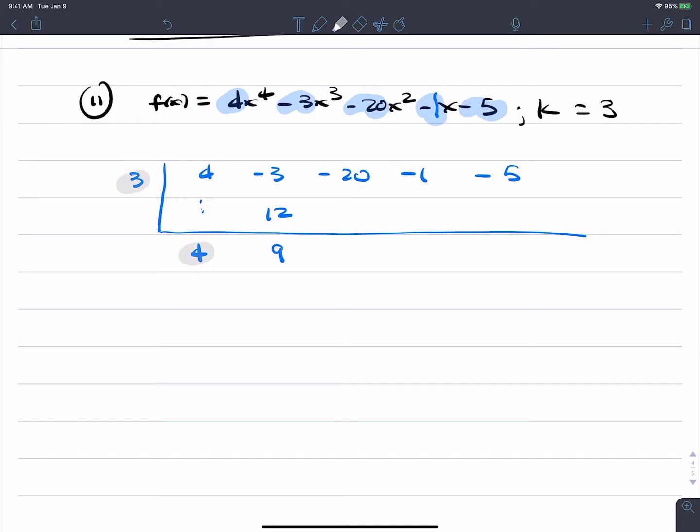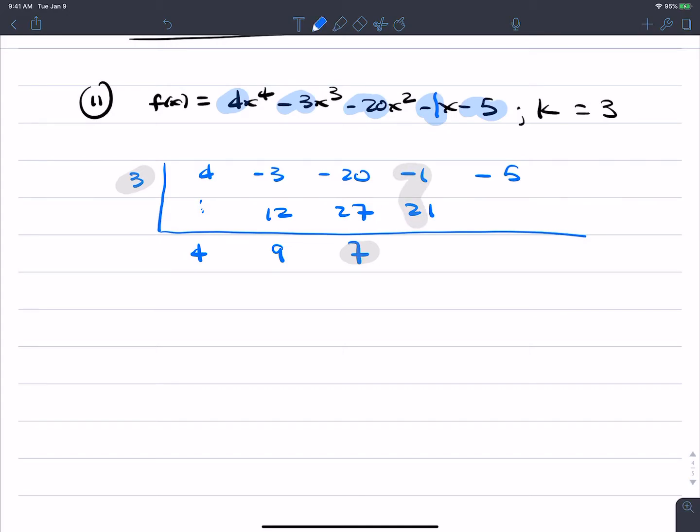3 times 9 will give you 27. Negative 20 plus 27 gives you 7 here. I'm already giving the answers. Okay, repeat the process. 3 times 7 will give you 21.